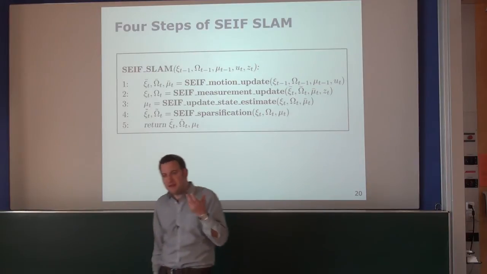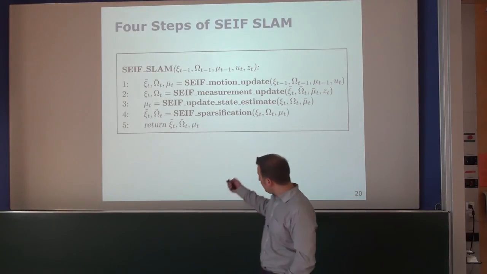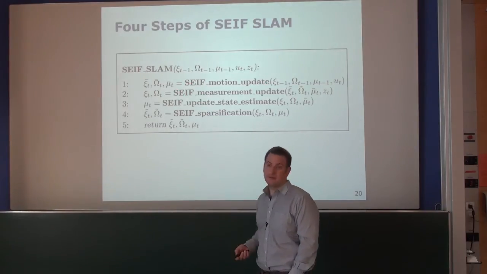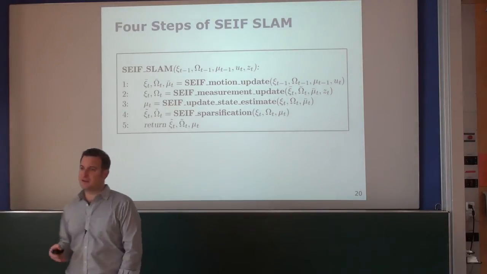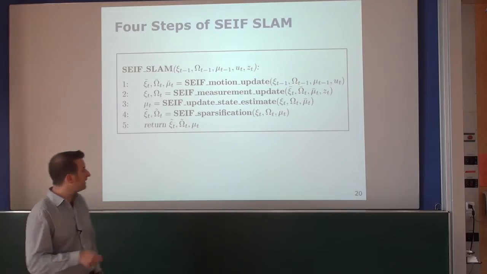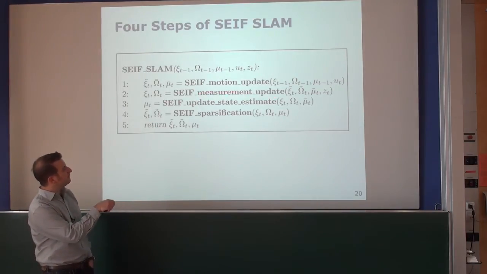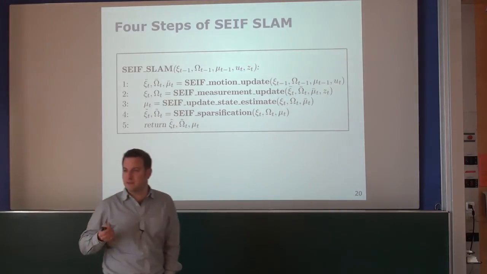So we need to have the mean maintained, and in the first step, computing the new mean is simple, it's easy, it's exactly the same way as we did it in the EKF. So there's no problem with that. So I actually have the predicted mean for the measurement update. But after performing the measurement update, I don't have the corrected mean anymore.